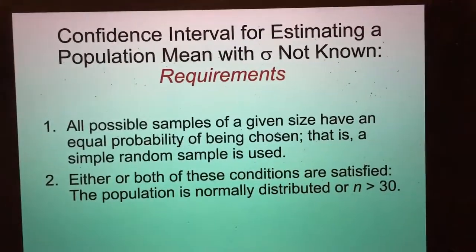Now, do you remember that the equation for finding the population mean involves knowing the true mean. So very, very rarely are you going to have access to the true standard deviation of the population.